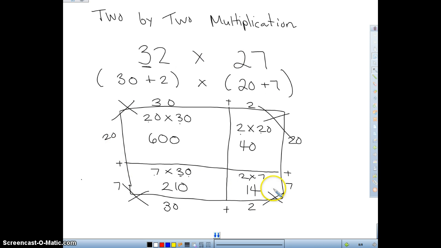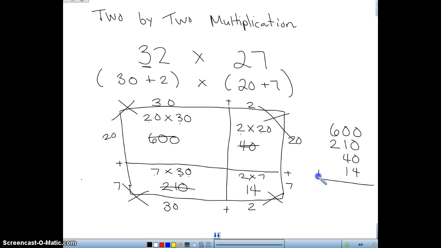So to find the area of the entire rectangle, we're just going to add all of our answers together. We like to start with the bigger numbers on top when we're adding. So as we list them, we're going to cross them out. 210. 40 underneath. And we want to line them up nice and neatly. And 14.